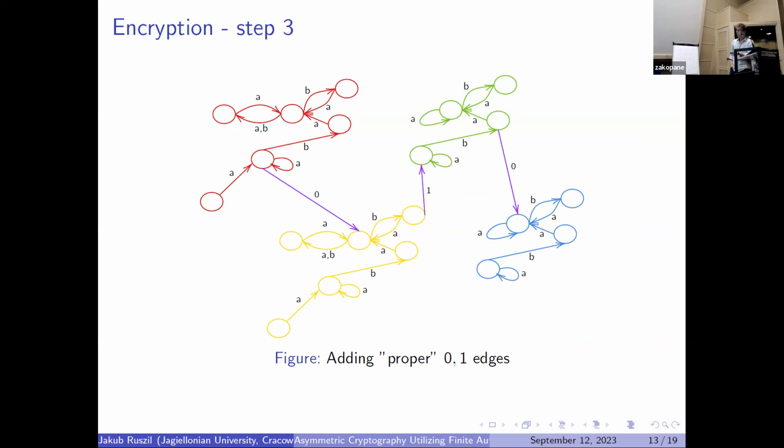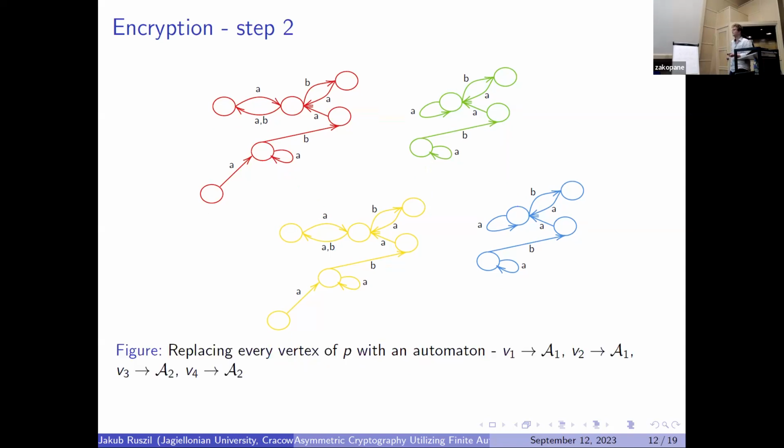We are adding the proper 0, 1 edges. So if the green automaton is V1 and that is V2, then we are choosing one of the states of that, one of the states of that, and joining them with the proper edge. And the same thing is between yellow and green and blue. So I think that is also kind of simple.